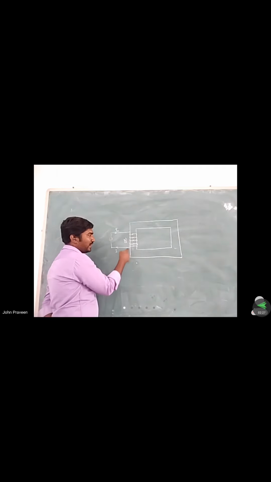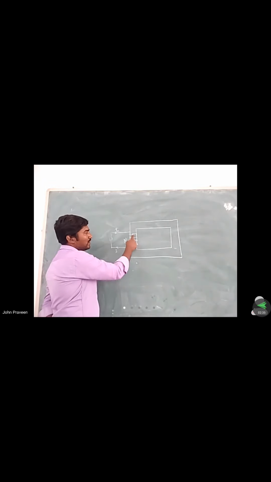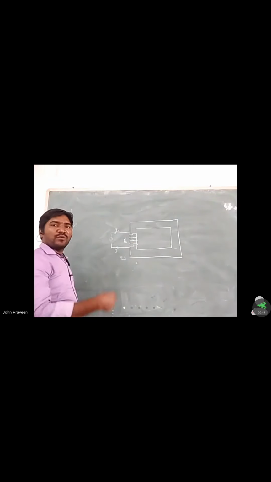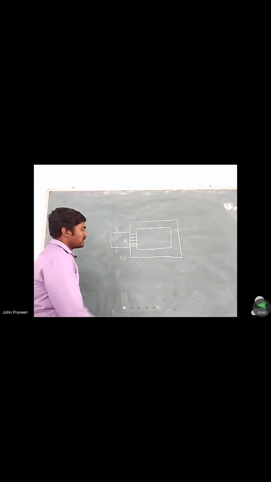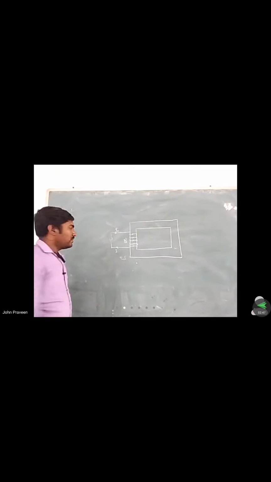How many turns are there in the winding? We assume n turns, for example 1, 2, 3, 4, 5, here n is equal to 5. If it is more than that, we indicate it with a capital N.